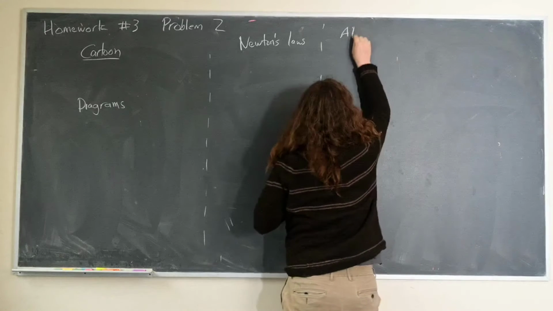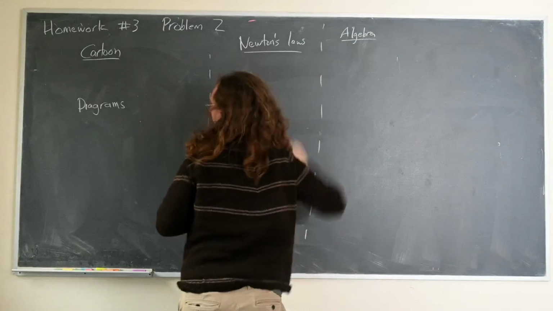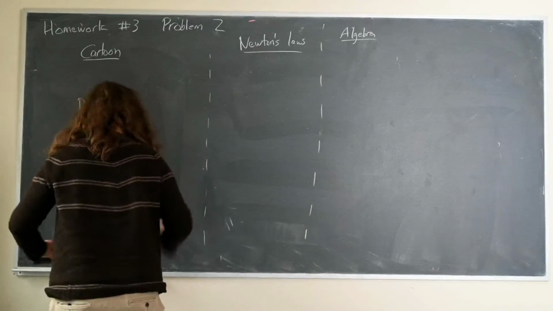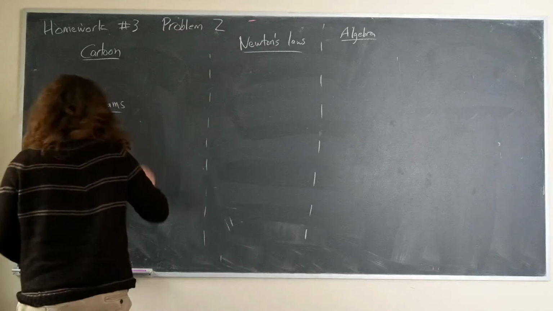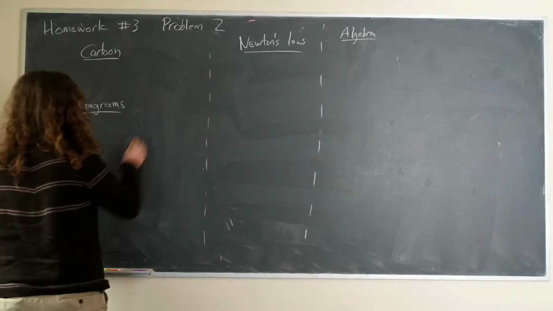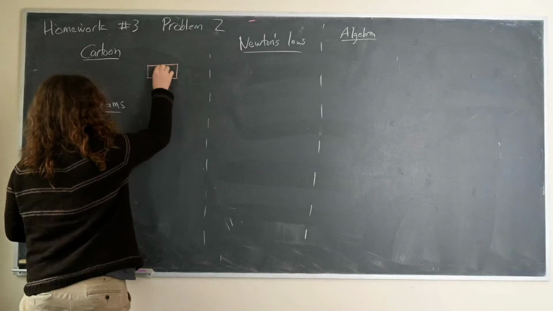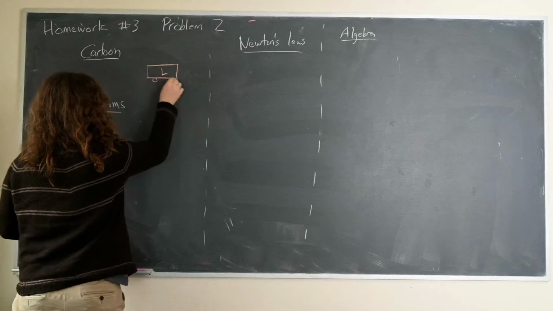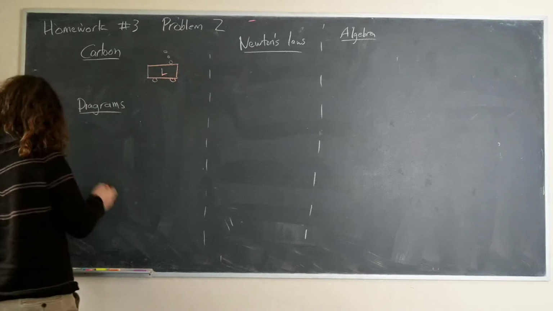Algebra. It's the same process now. So what do we have? We've got our locomotive, labeled as L. We know it's a locomotive because it's puffing out smoke.